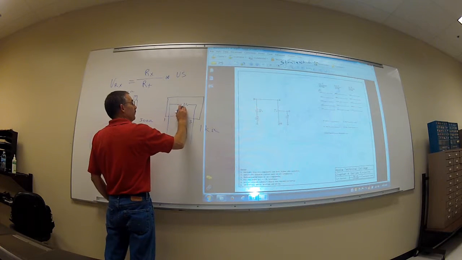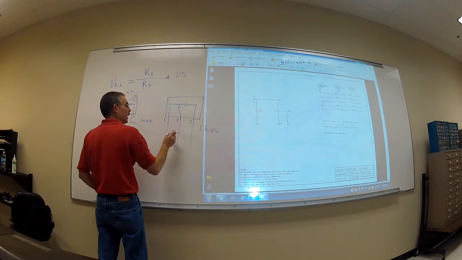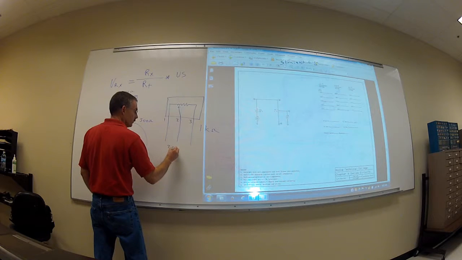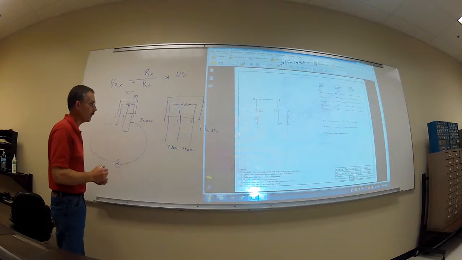But a lot of times we're not exactly at mid-range anyway, we're at some other portion of it. So we'll just say now we're set up so that across pins 1 and 2, I have 250 ohms. That means I'm going to get 750 ohms across pins 2 and 3.